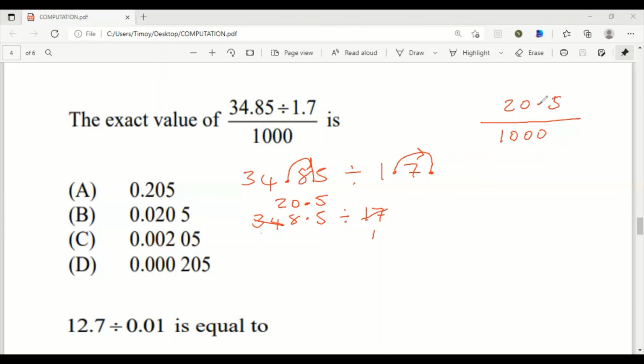That means we're going to shift the decimal place 3 places to the left. That's 1, that's another one, and that's another one. So for the third place, we're going to place a 0 as a placeholder. So our answer, we're just going to put a 0 in front of this point. So it would be 0.0205 as our answer. Which option is that? That's going to be B here.